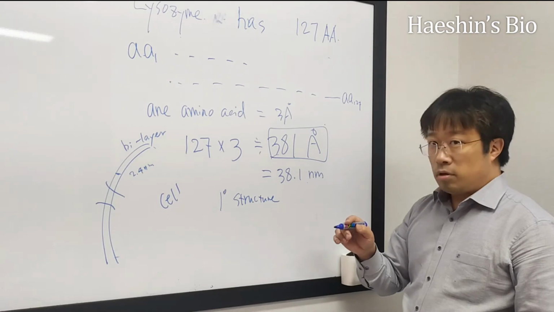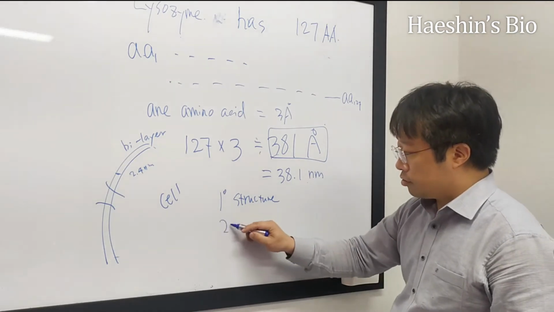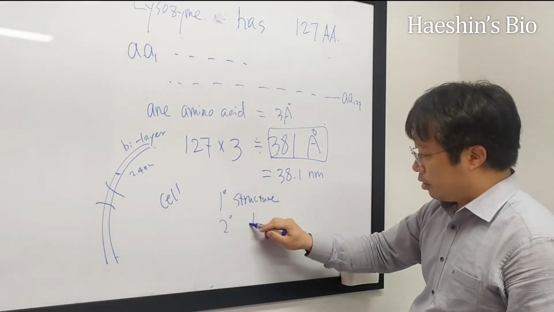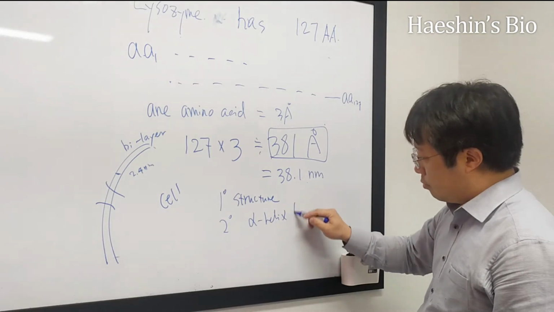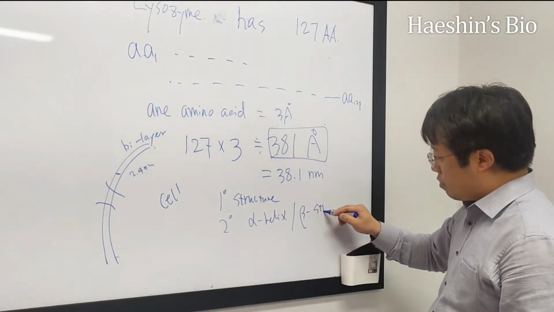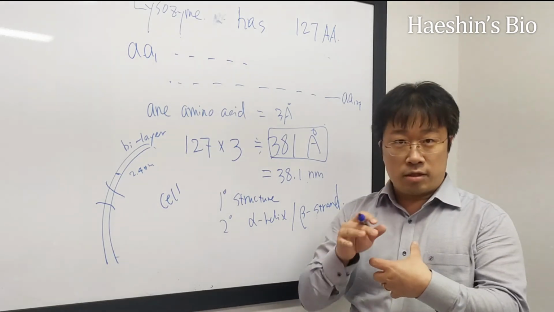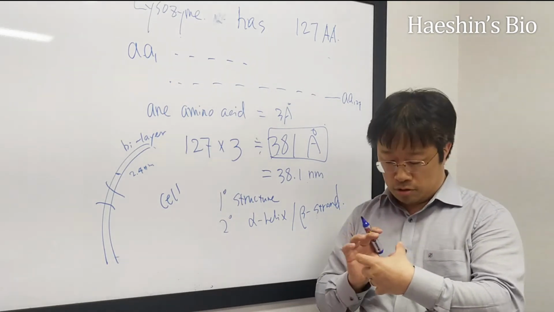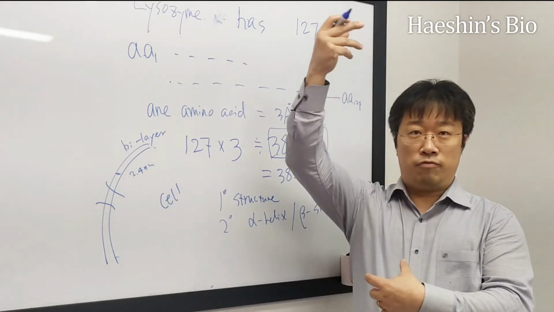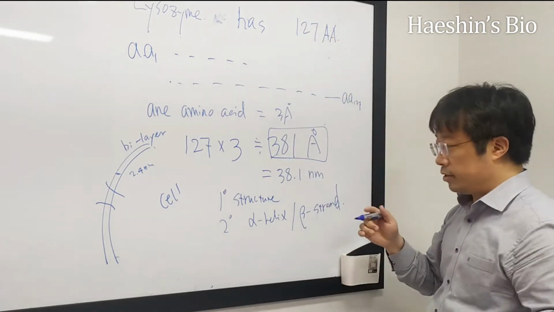Now, recall that you have secondary structures of the protein, which are alpha helix and beta strand, in which amino acids have hydrogen bonds connected to each other. So alpha helically, they form a strand.